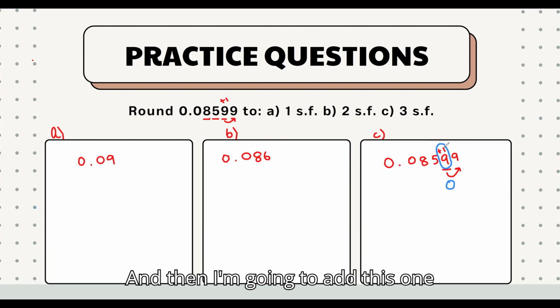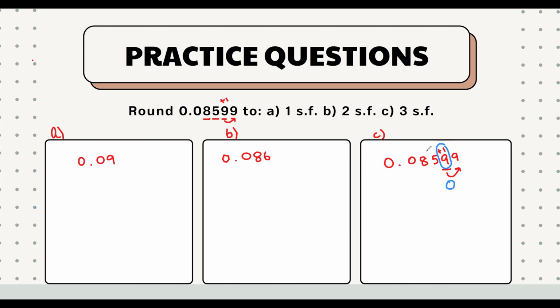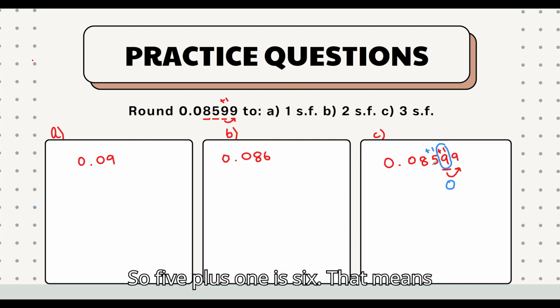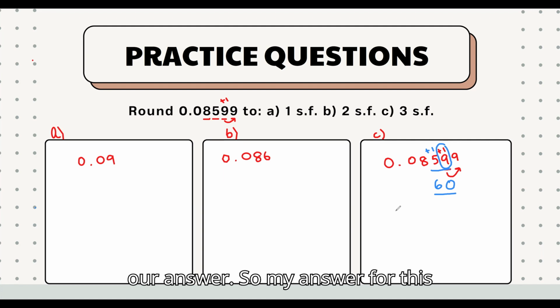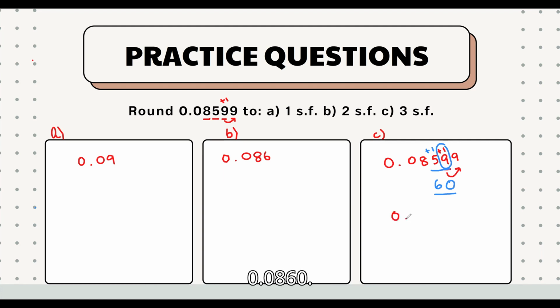And then I'm going to add this 1 to its next number, to 5. So 5 plus 1 is 6. That means that instead of 5, 9, I'm going to write 6, 0. So now let's write this as our answer. My answer for this question is 0.0860.